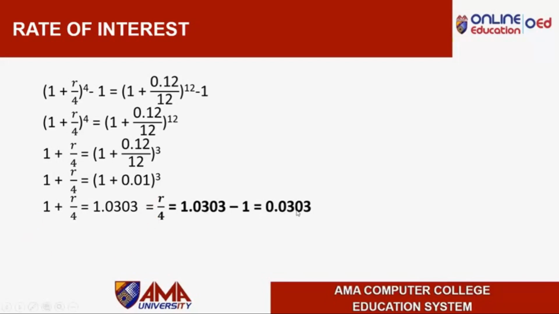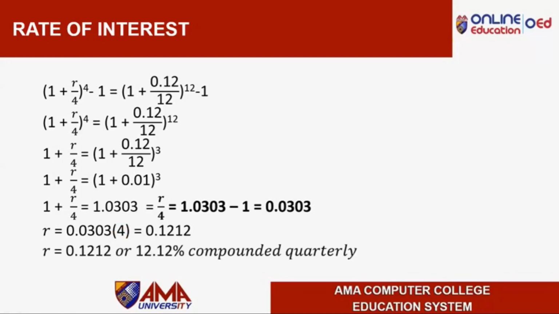So now the value of R/4 is equal to 0.0303. Now, to eliminate 4, we multiply both sides by 4. So R equals 0.0303 multiplied by 4, equals 0.1212, or 12.12% compounded quarterly.